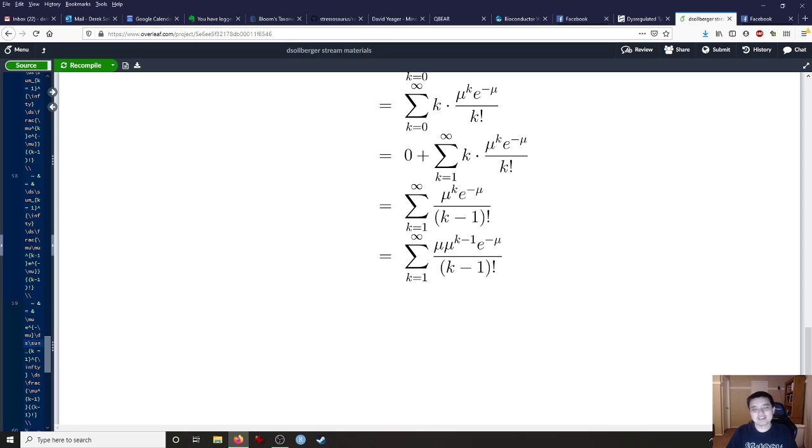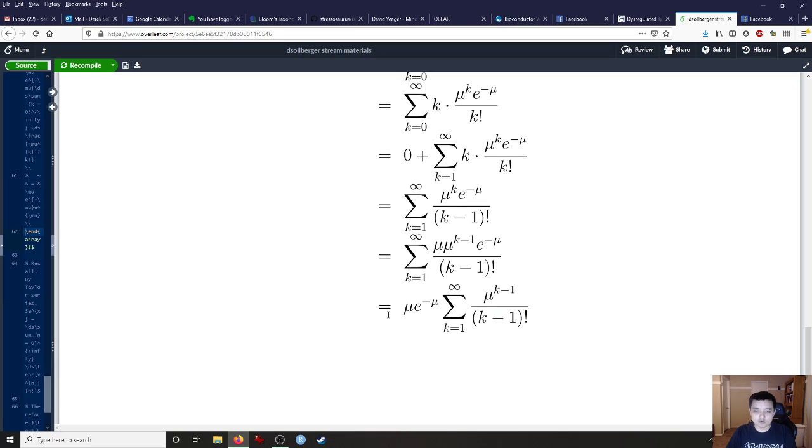This will bring us back to that earlier point about factoring out the factors that do not have k in them, which are constant with respect to k. Now looking at this summation with the k minus 1s, and we happen to start at k equals 1, it turns out that starting point could be a bit arbitrary. We could move around the starting index as long as we compensate for that later or elsewhere in the summation.